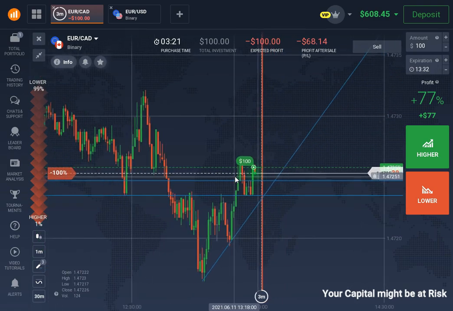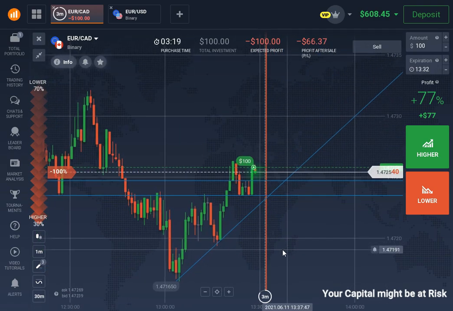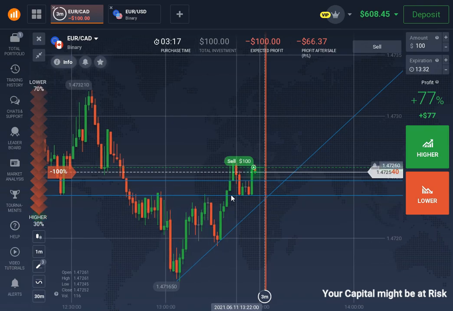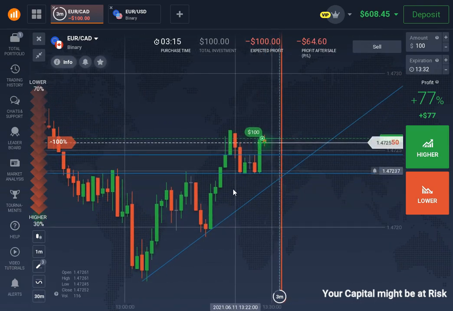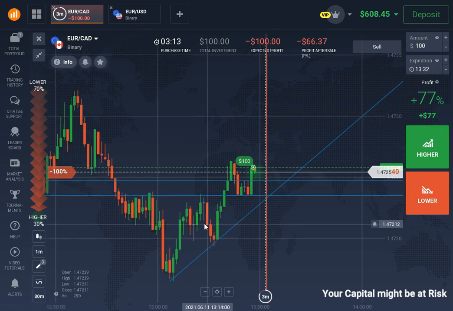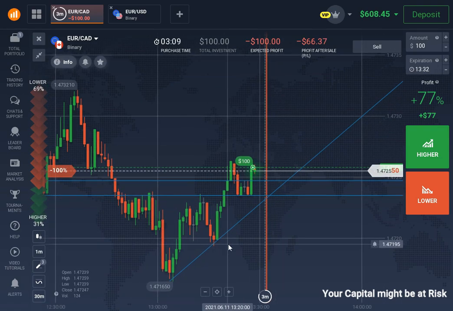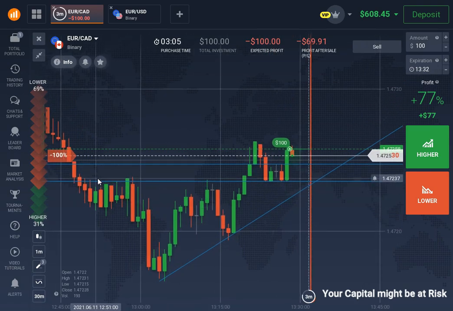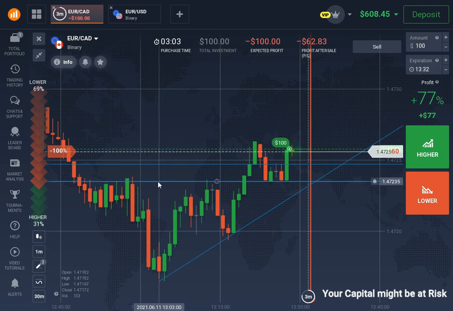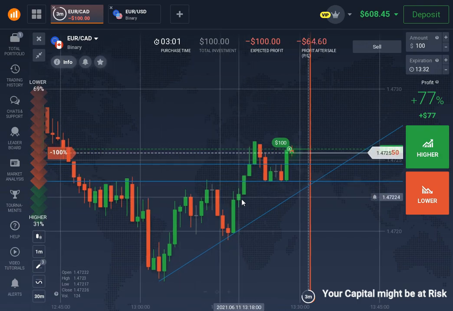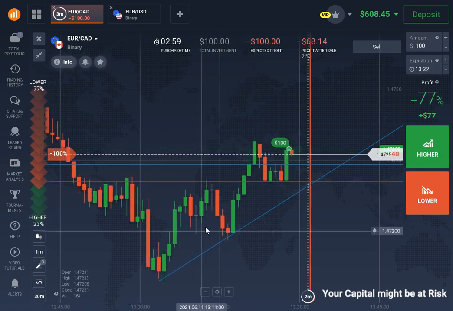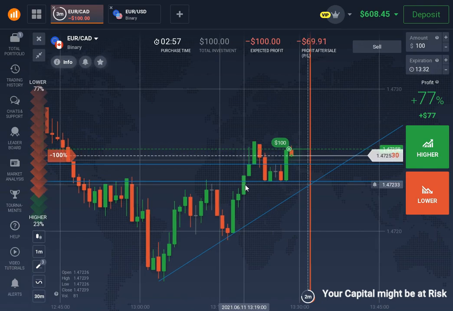As you can see, the market was moving in a downward direction, but the market reversed and changed its trend in a smaller time frame. I'm not talking about the bigger time frame, but for me right now the market is moving in the upward direction, and this was the resistance which was broken, which confirms that the market is now changing its trend.